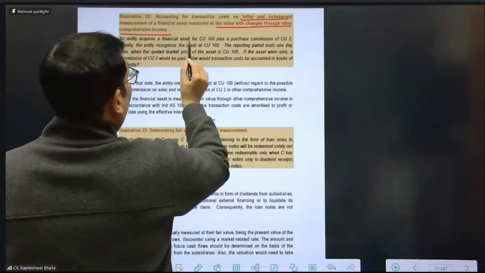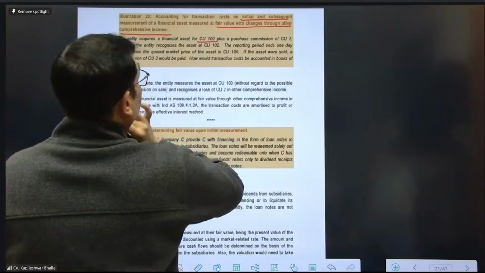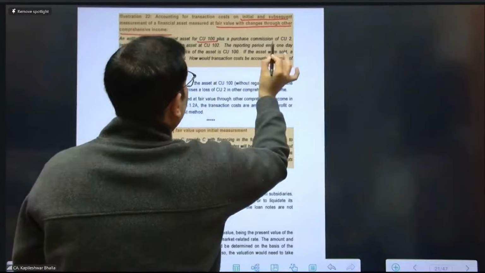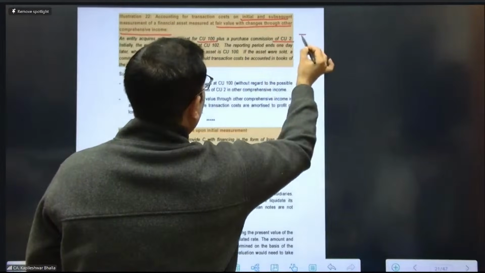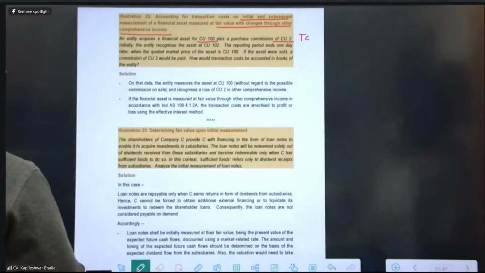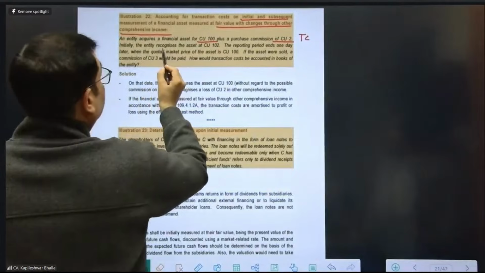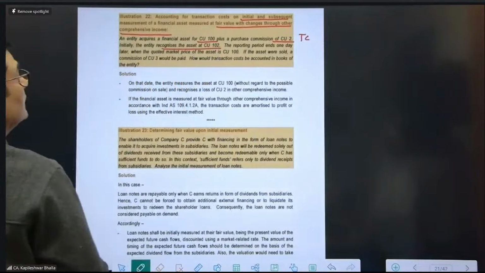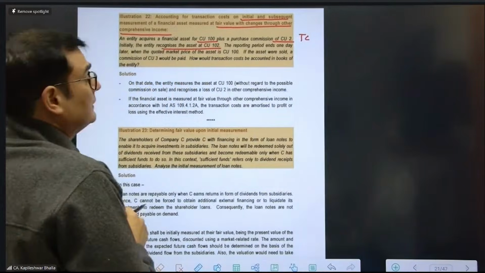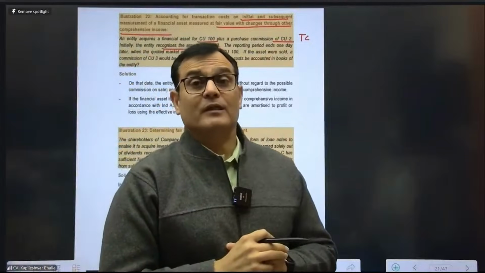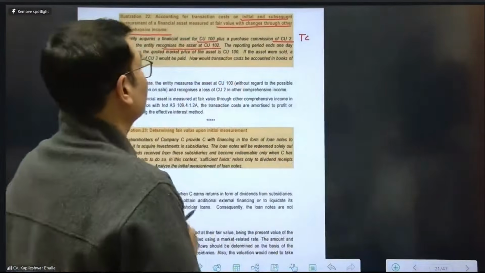An entity acquires a financial asset for currency unit 100 plus a commission of currency unit 2, that is TC. Initially, the entity recognizes the asset at 102 because on initial recognition, it is going to be added.